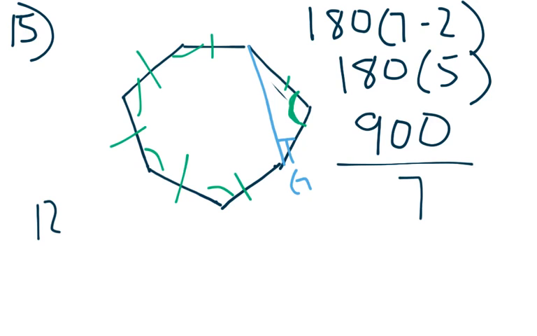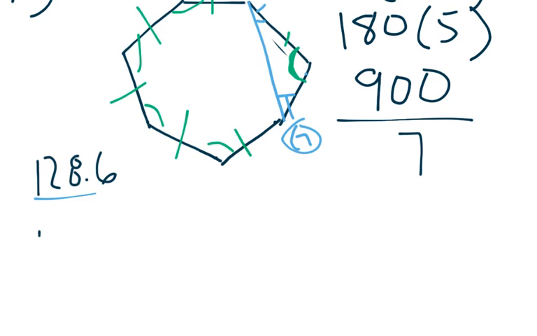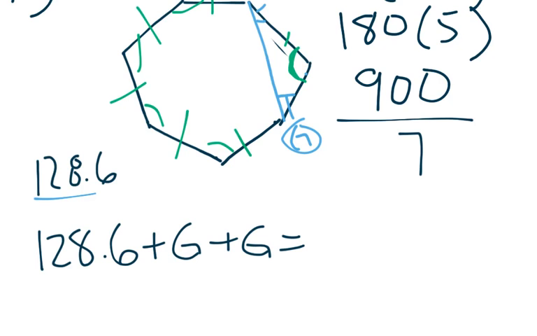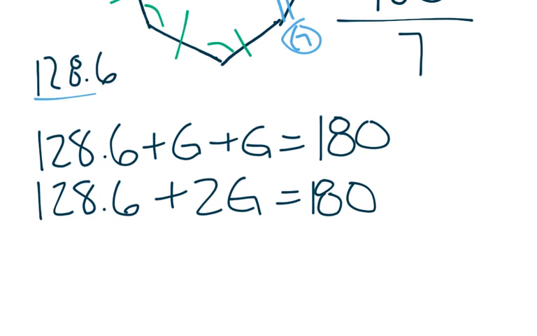When we look for G, what we want to do is add up all of these angles. This is G, and this is 128.6. When we add it up, it's going to equal 180 degrees. So we say 128.6 plus G equals 180. We want to simplify, so we have 128.6 plus 2G equals 180. Now we want to bring the 128.6 over to the other side.